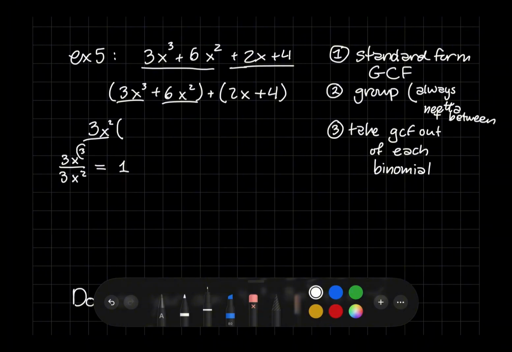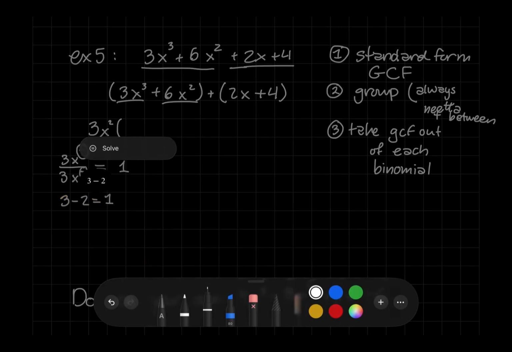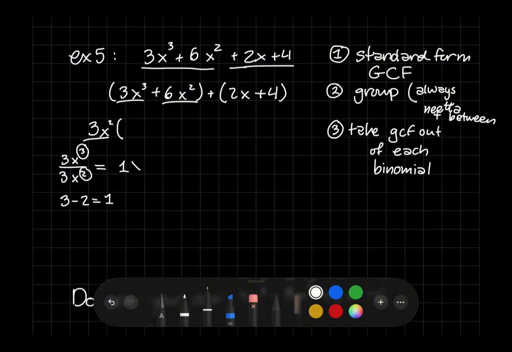Whenever you're dealing with exponents, with multiplication it is addition, and with division it is subtraction. So I'm going to do 3 minus 2. That is equal to 1, which will become our new exponent. So I'm going to work with x to the power of 1. 1 times x to the power of 1 is very simply just x. So we're going to put x there.